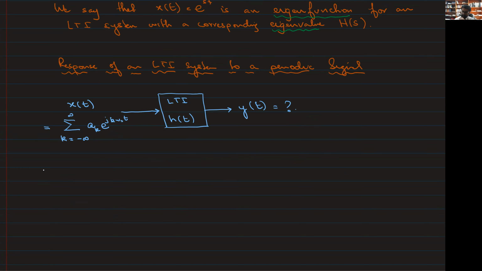The input is the summation of ak times e raised to jk omega naught t, right? So what would be the output? Let me start with this. If e raised to j k omega naught t is the input to an LTI system, let me take baby steps, Hassan.